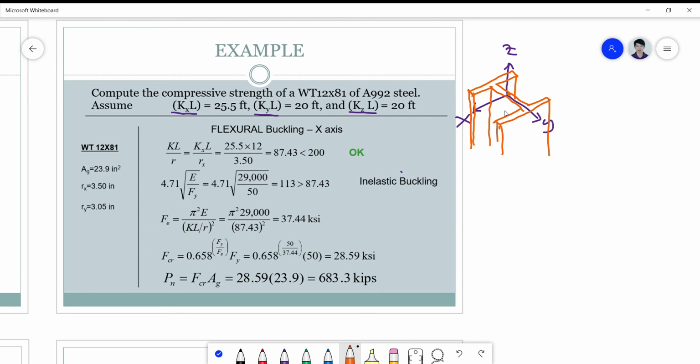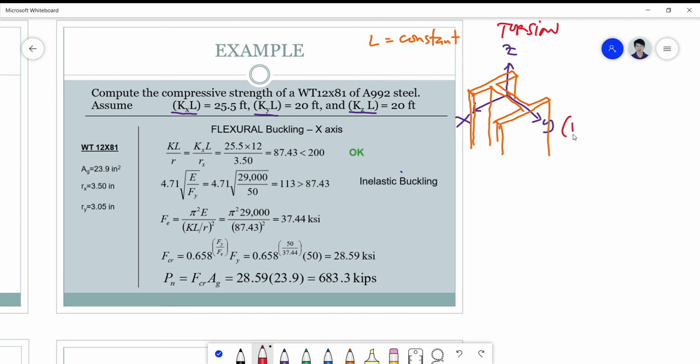So the length involved on such a member is actually constant. So L here is constant, but since the effective length factors Kx, Ky, and Kz are not equal, no? So the values of KL in each direction may not be equal also. Okay? So for the Z direction, we have to bear in mind that this is the torsional direction.